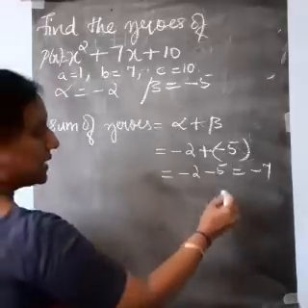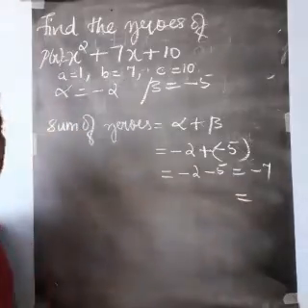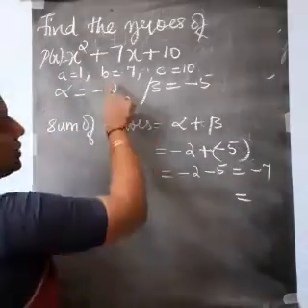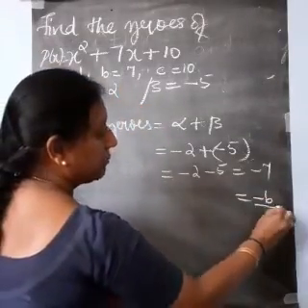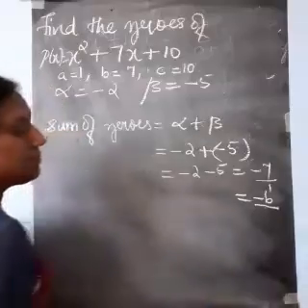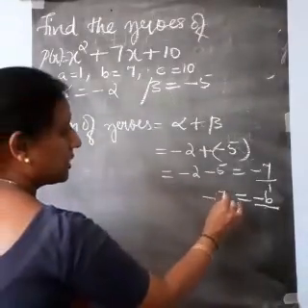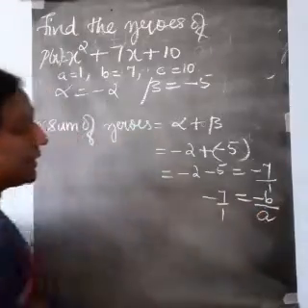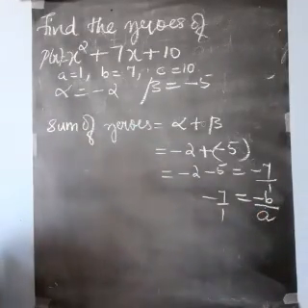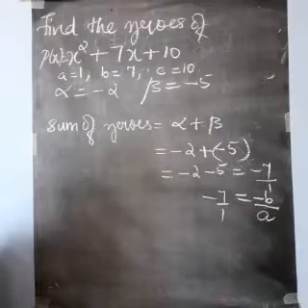Now what is minus 7 equal to? Minus 7 is equal to, b is 7, so actually it is minus b by, if I put minus 7 by 1, so what will you get that as? A is 1, so minus b by a. So I have verified the relationship regarding the sum of zeros.